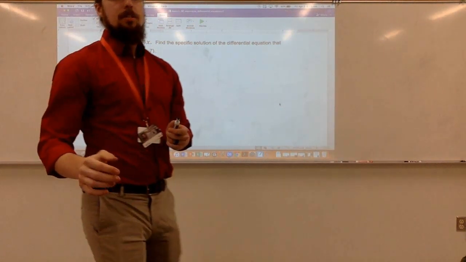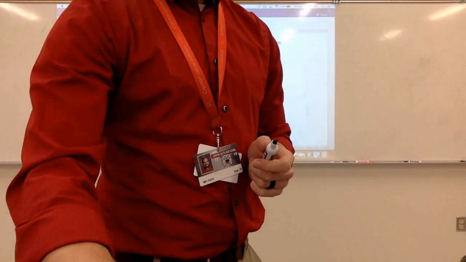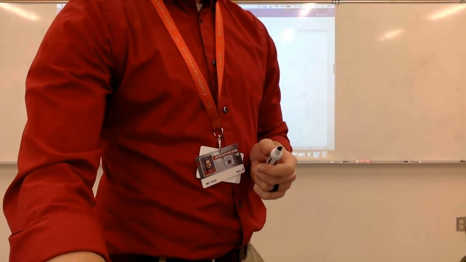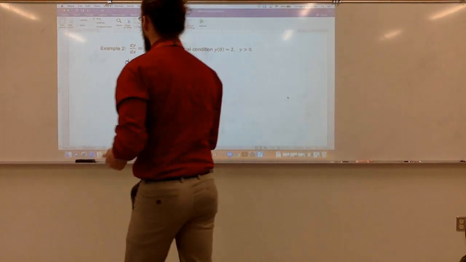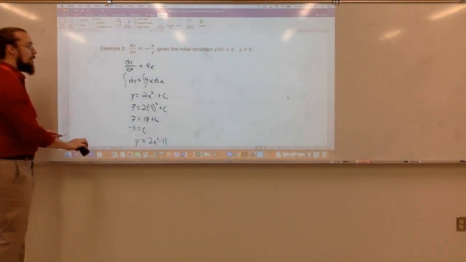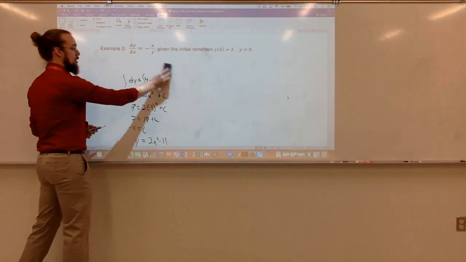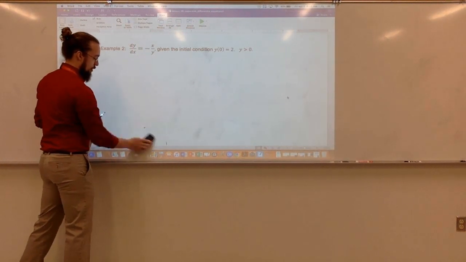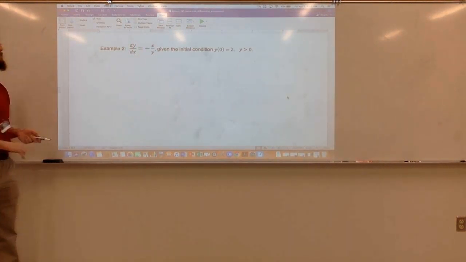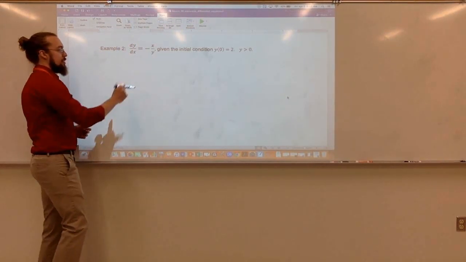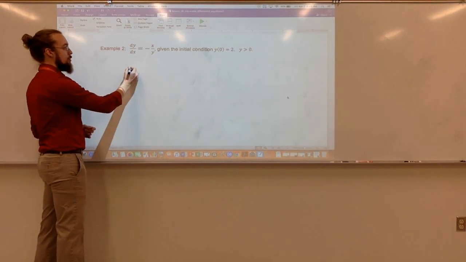So let's take a look at our second example here where we do have a y that we have to worry about now. So I've got dy dx equals negative x over y. We've got a fraction equal to a fraction. That's essentially what we'll do here.